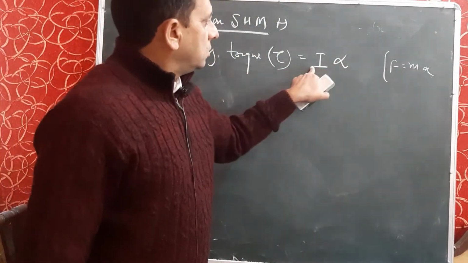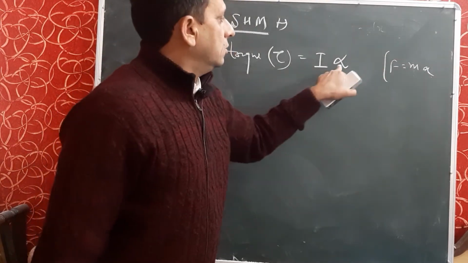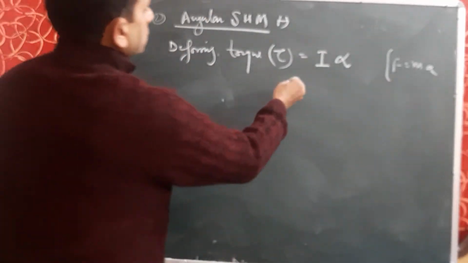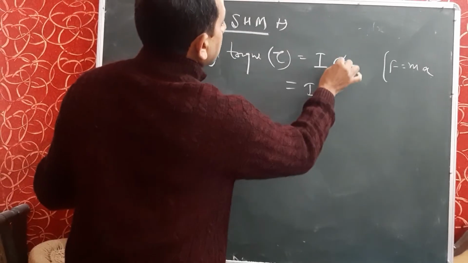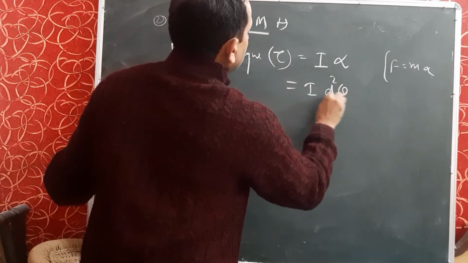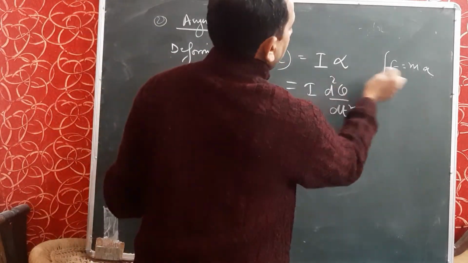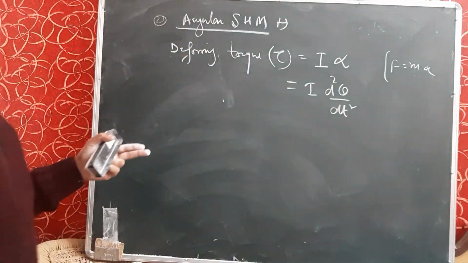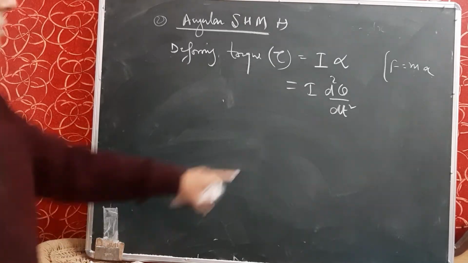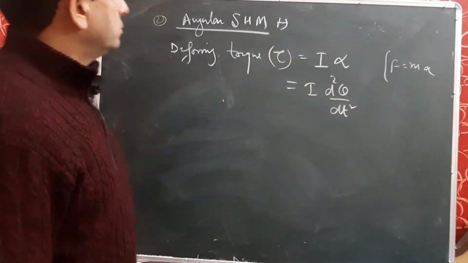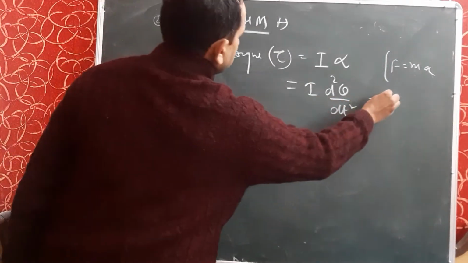So the torque is I into alpha, that is I d square theta upon dt square. You know that acceleration is the second derivative of displacement, so alpha is the second derivative of angle. So this is the first equation.